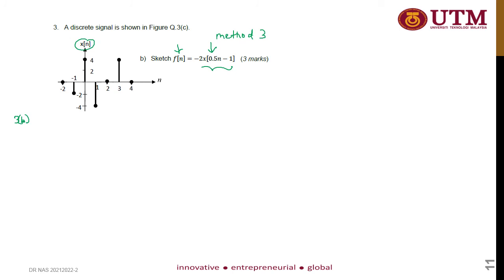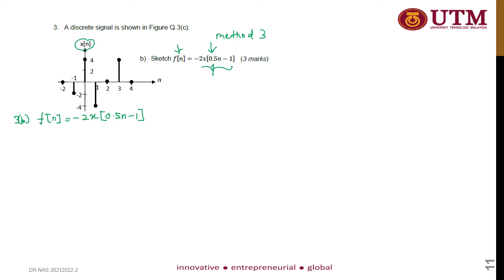Okay, so let's begin with the first step. You need to identify the component inside the bracket and represent that as tau. So fn equal to negative 2x 0.5n minus 1. Let's look at what happened to the signal.